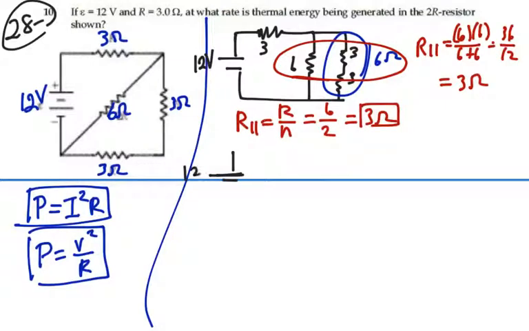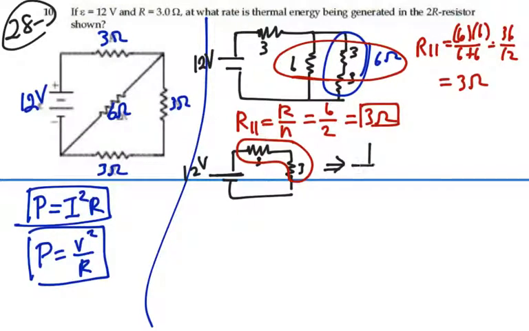Okay, so now my circuit looks like this. I've got a 12 volt battery, 3 ohms here, and 3 ohms here. These 3 ohms add for a series combination, and now the circuit looks like this: a 12 volt battery across 6 ohms. So the 6 ohms is my R equivalent.